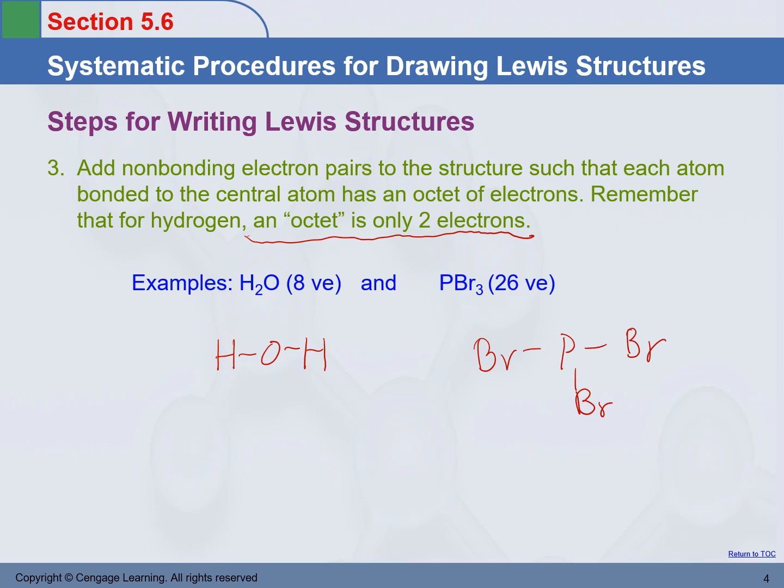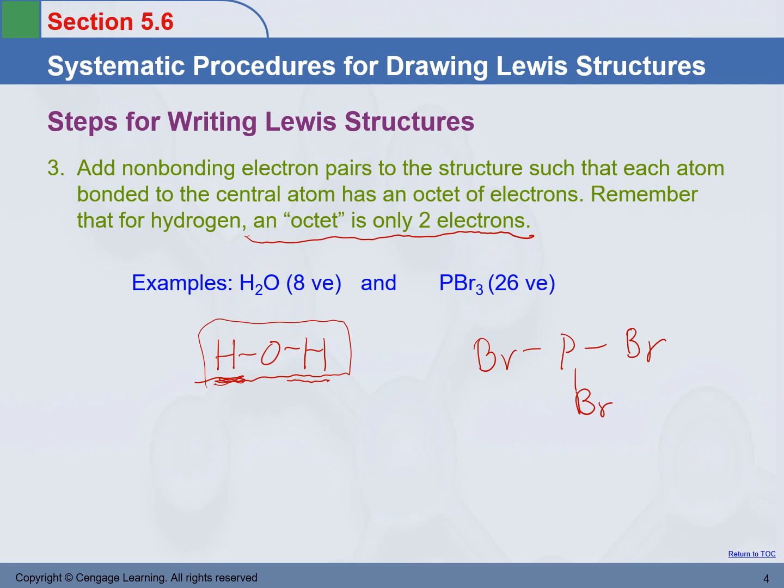So let's do that. This hydrogen has 2 electrons around it right now, so don't give anything to it. This hydrogen has 2 electrons already. It is satisfied. So this is the end of step number 3 for water.